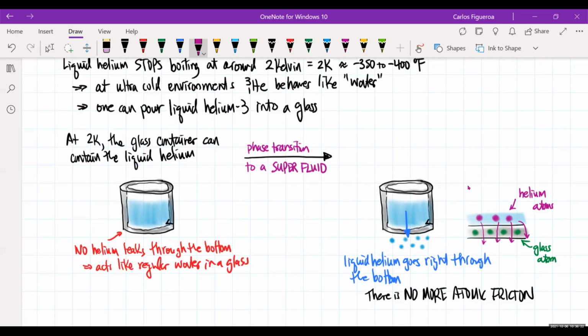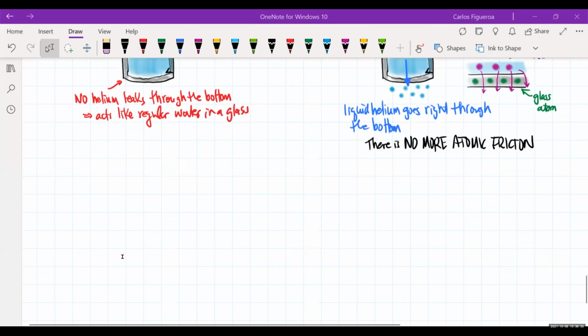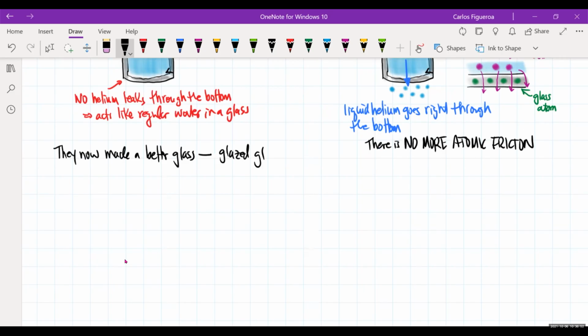It loses all its viscosity, but it gets stranger. They now made a better glass, which they called a glazed glass.